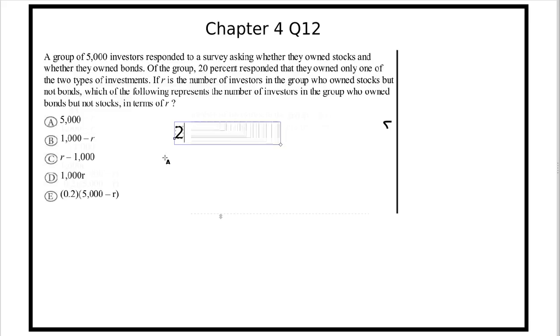So you have here 20%, and I will type 20% as 20 over 100 to make it easier on me. So it's 20 over 100, and all of this is multiplied by 5,000.